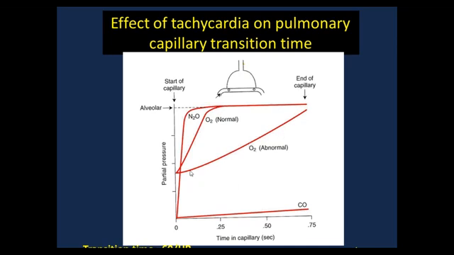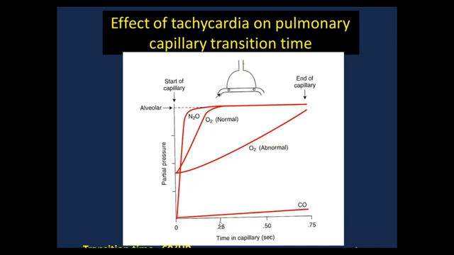But the condition is different if you have chronic lung disease or an infant with parenchymal lung disease like pneumonia. The infant needs more exposure time of the capillary blood to the alveoli to get fully saturated with oxygen. So if you have tachycardia, the transition time will be less.